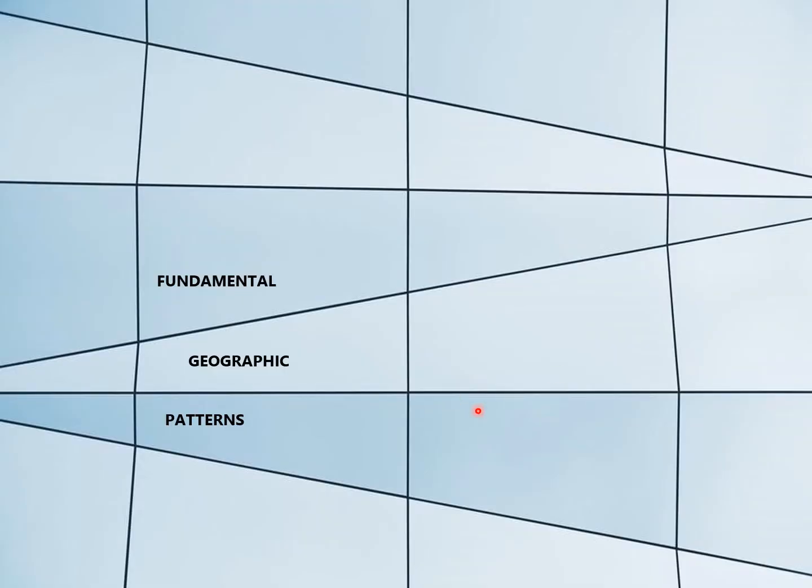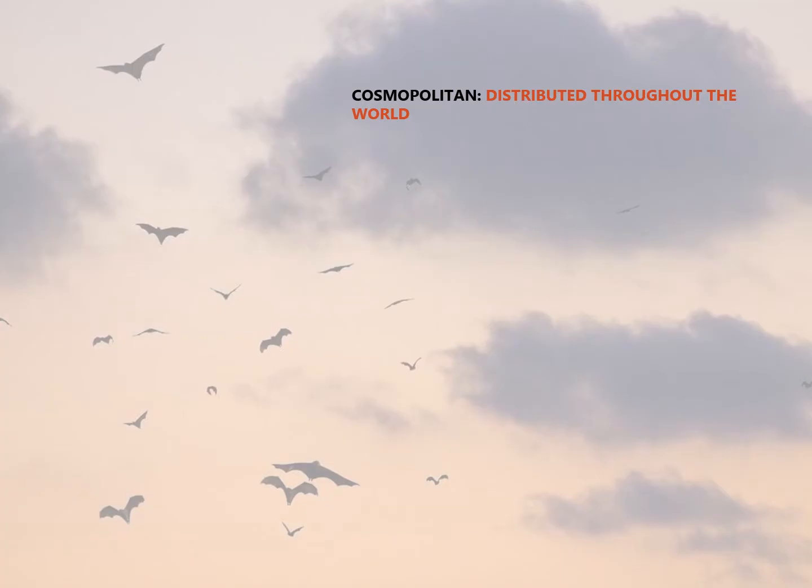So let's look at a few fundamental geographic patterns here. I want to introduce some new terms, and some terms that I may have used, but let's give them formal definitions now. One of those is cosmopolitan. We're talking about populations or distributions of a population, a species, or some other higher classification.